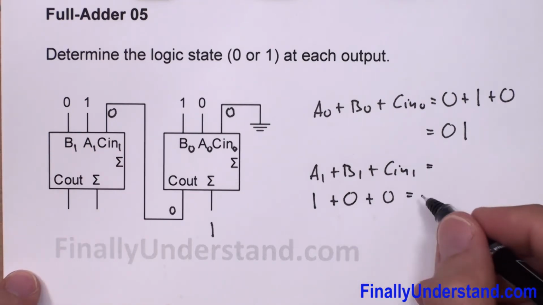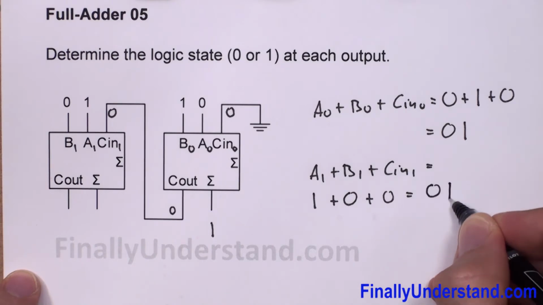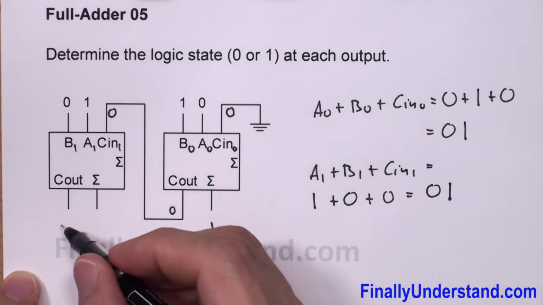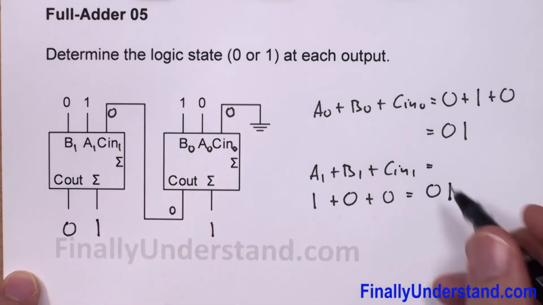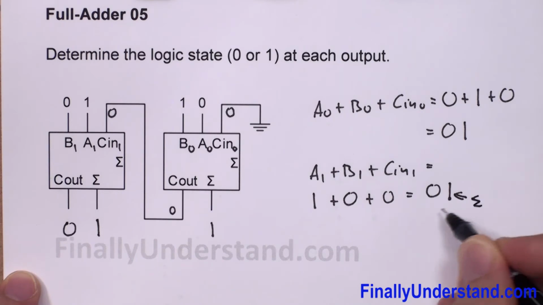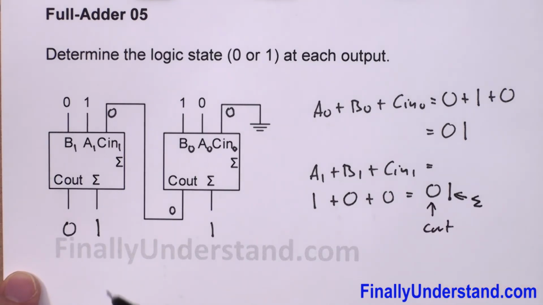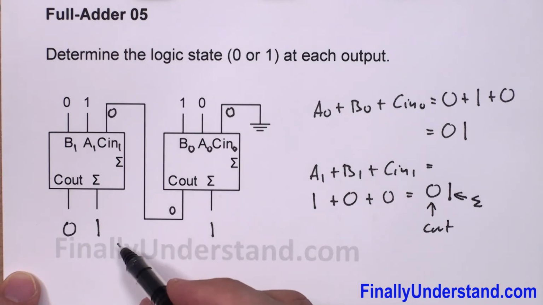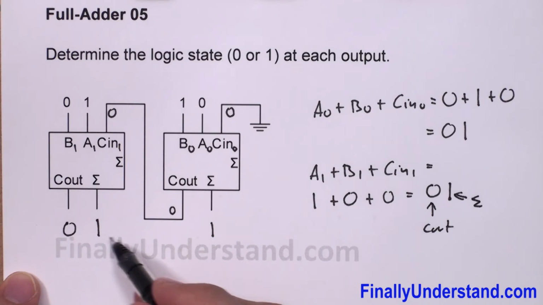So 1 plus 0 gives me binary 1. So I have 0, 1. Don't forget that this is the sum and this is carry out. So the final answer is 0, 1, 1.